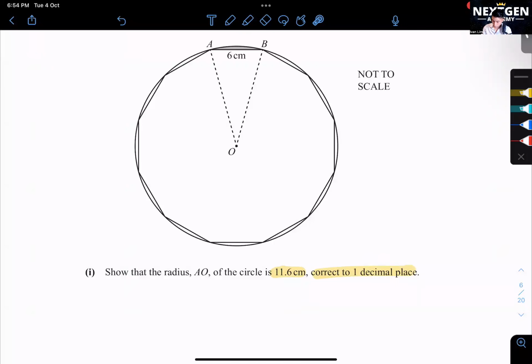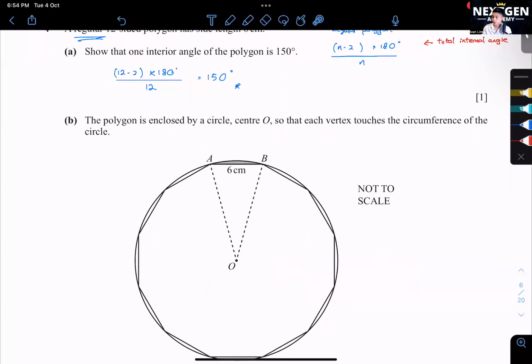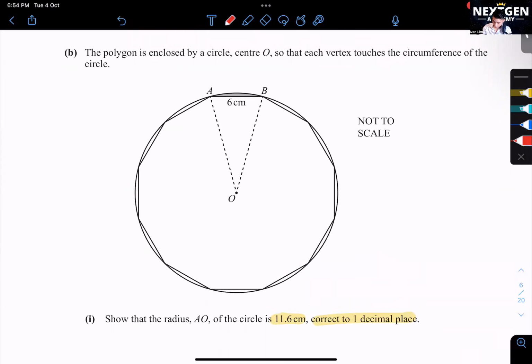So what can we do for this? We know that each angle here is 150 degrees, because this is the 12 sides and we calculated it in the first question. They want us to find this length, AO. How can I find it?